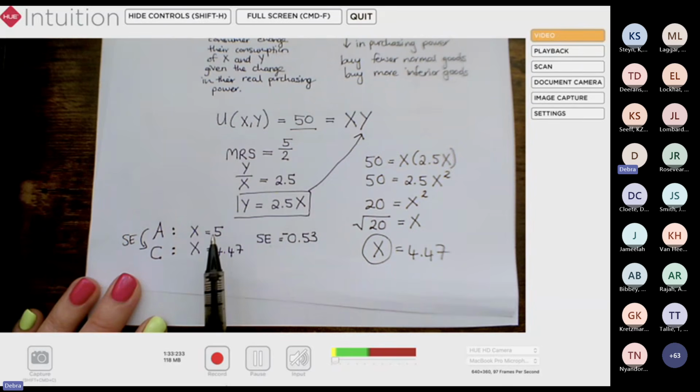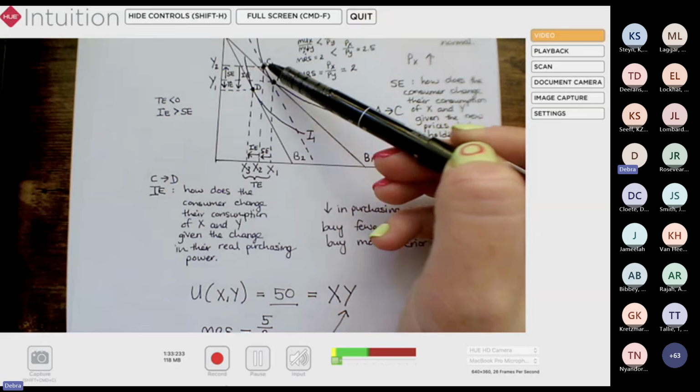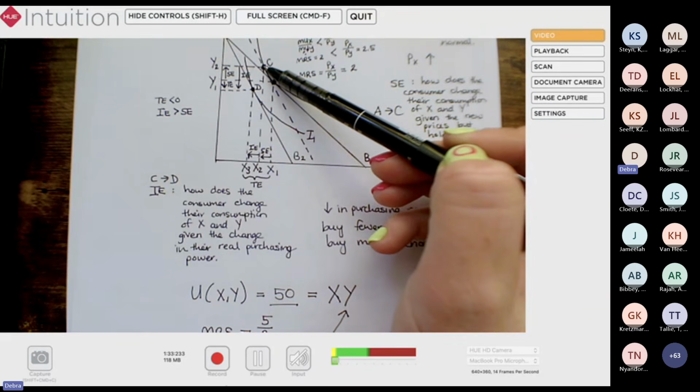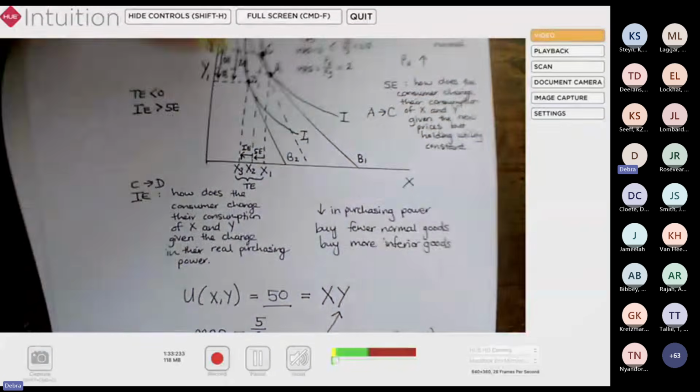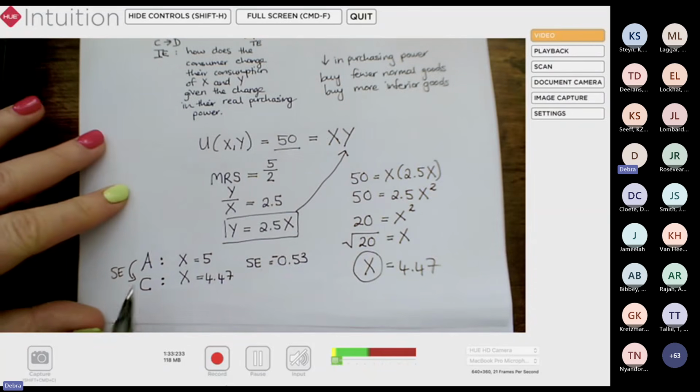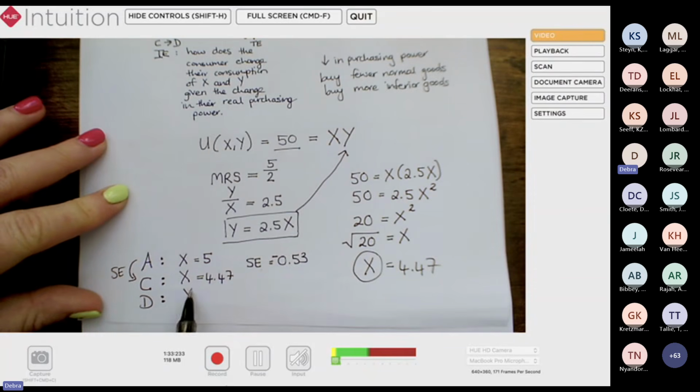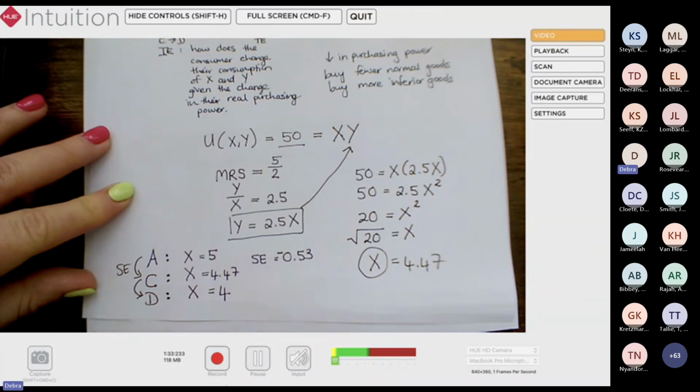And then the income effect is going from where I ended up through the substitution effect down to my new best affordable point. And at my new best affordable point, I calculated that my X must be 4. So that movement from C to D is my income effect. And so my income effect on X is minus 0.47.